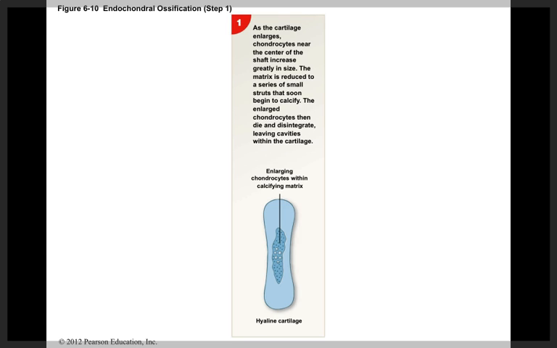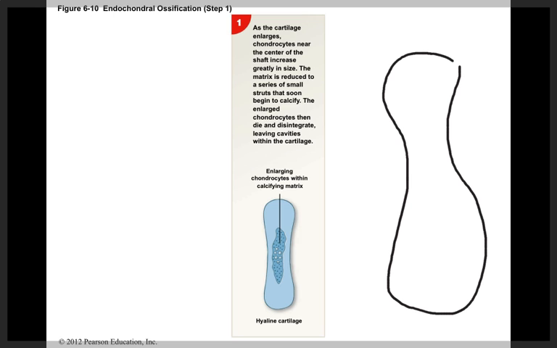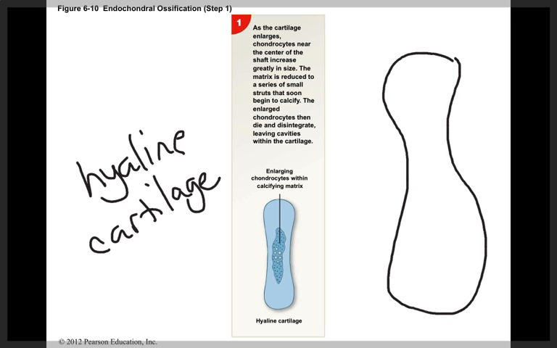What we already know is that bone is first formed through a cartilaginous model, or in other words, there's a model that's roughly shaped like the bone, and in this case it's a long bone, and it's made out of hyaline cartilage. When this cartilage begins the process of endochondral ossification, it has chondrocytes inside it, and the chondrocytes that are near the center of the shaft of this cartilage start to get bigger.